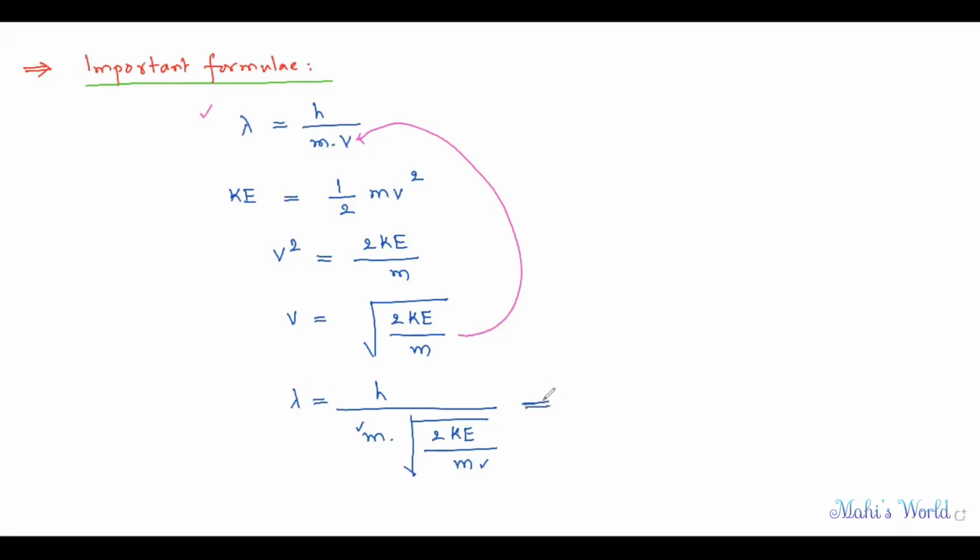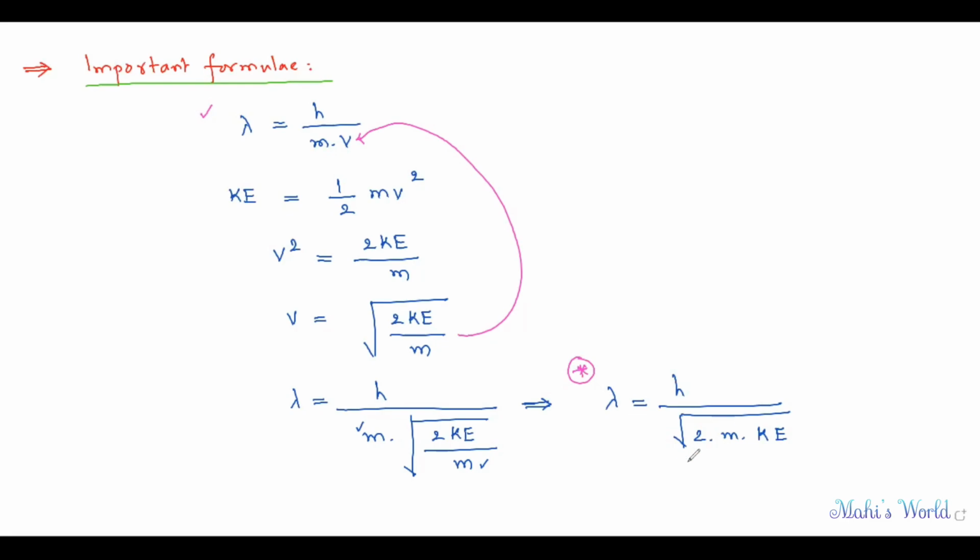From this, I can write the final expression as lambda is equal to h by root over 2 m k. Okay, now this is a very important relation. Lambda is equal to h by root 2 m ke.